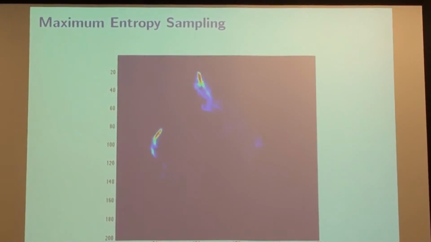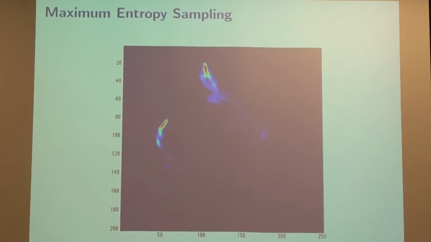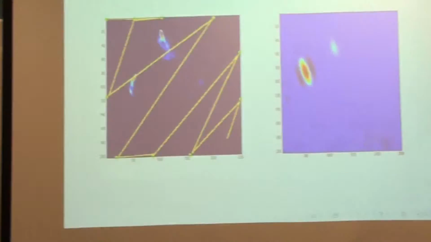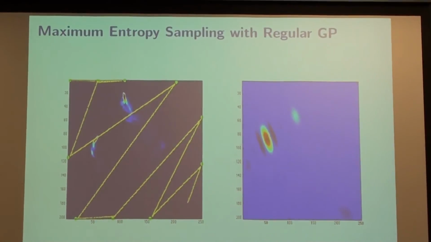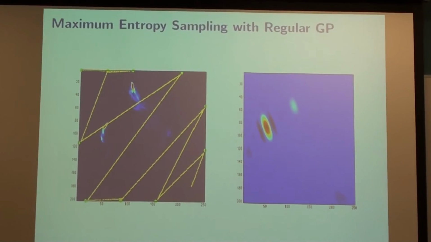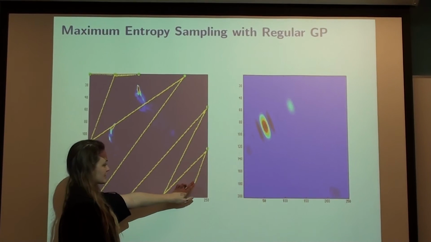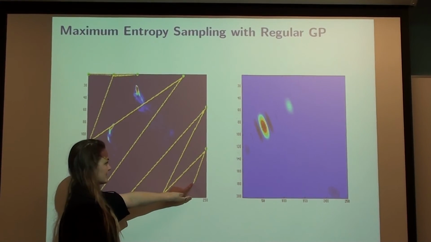So here is another simulated methane plume that I used, just taking pixel values as our methane values. Beginning with just the regular Gaussian process, it randomly selected a spot to start. Here it started here.